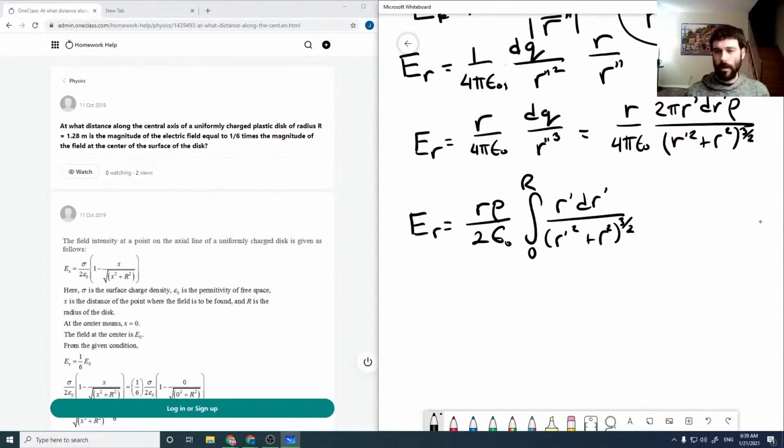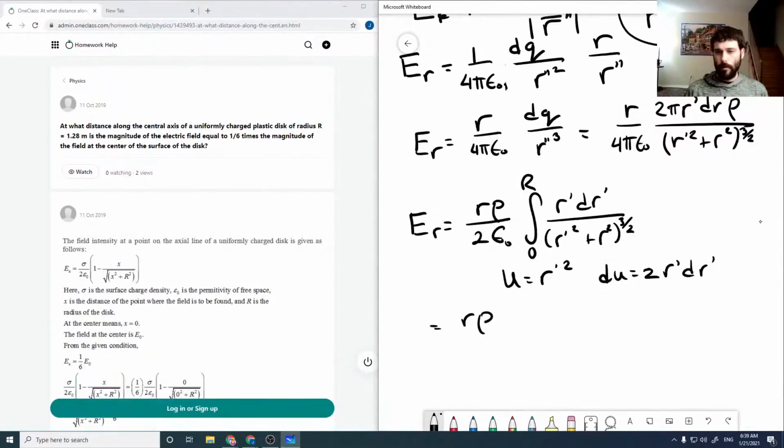So the best way to do this here is a substitution. So if we say that u is r prime squared, then du is 2 r prime dr prime.